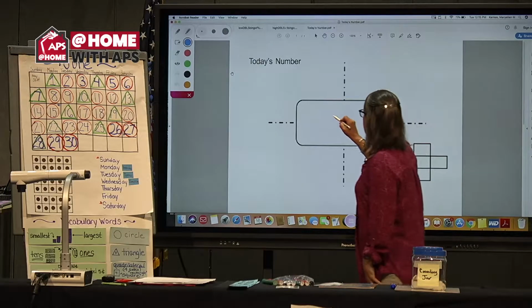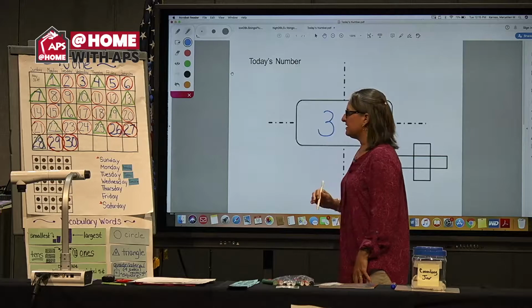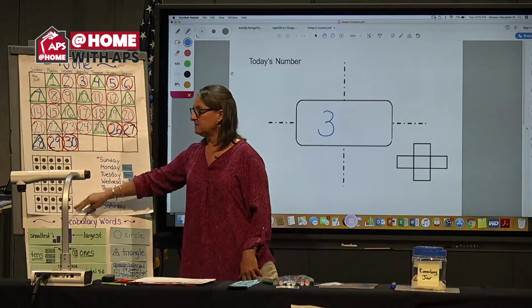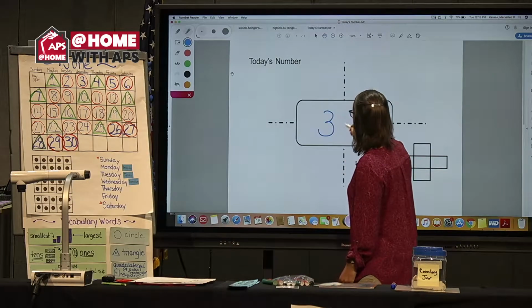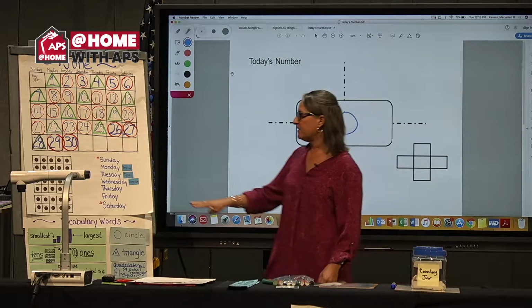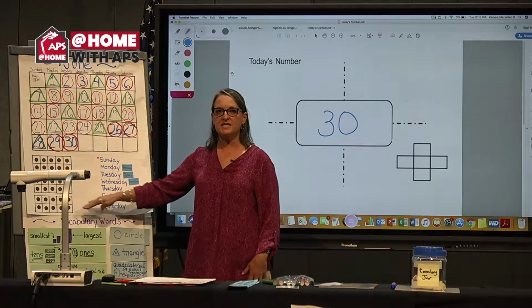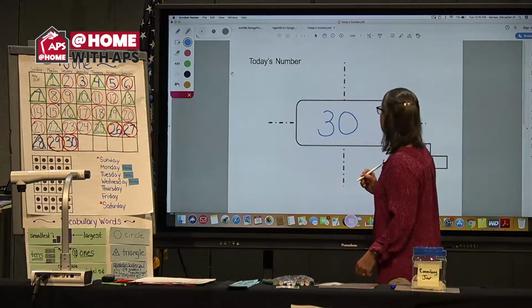And it starts with a 3 because there are 3 tens in 30. And the second digit is a 0 because we have no ones left over. All we have are 3 tens. So this is how we write 30.